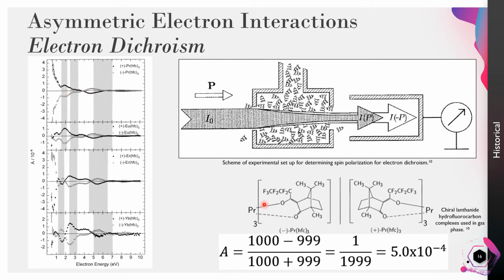You can see here that they adapted the previous work of using the chiral molecules, of course, and using a bicyclic chiral molecule similar to camphor.